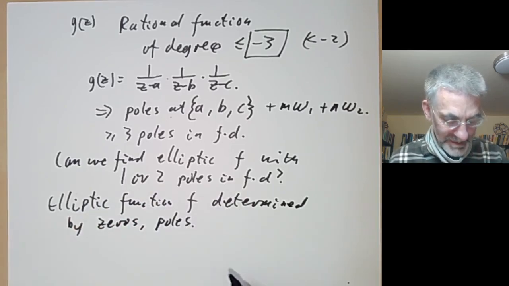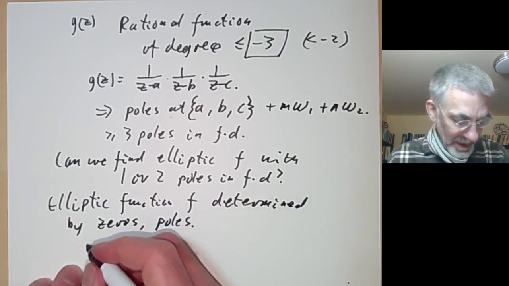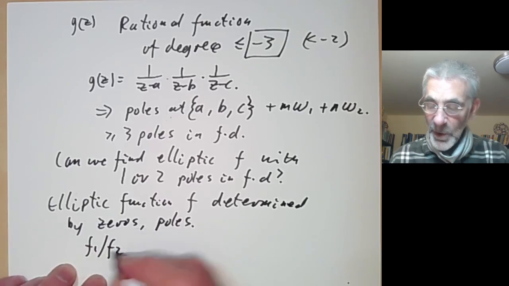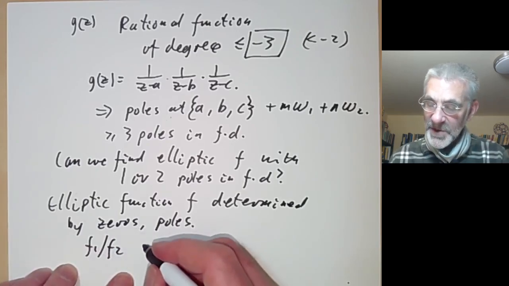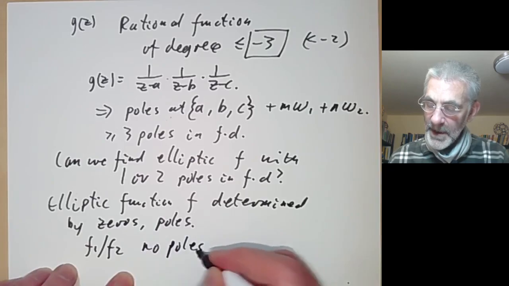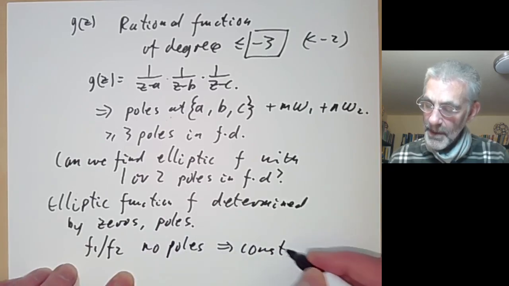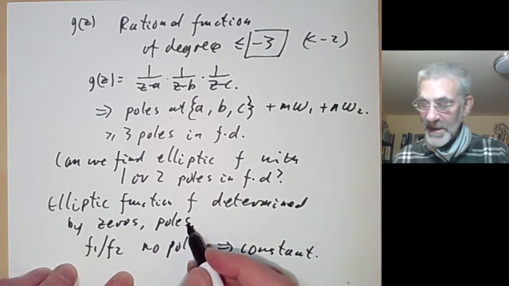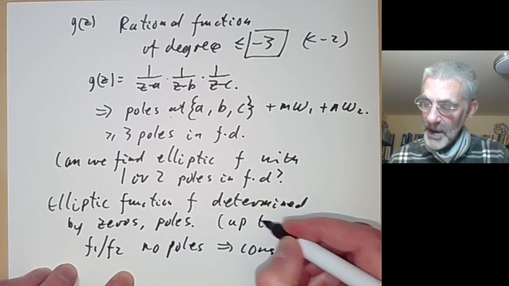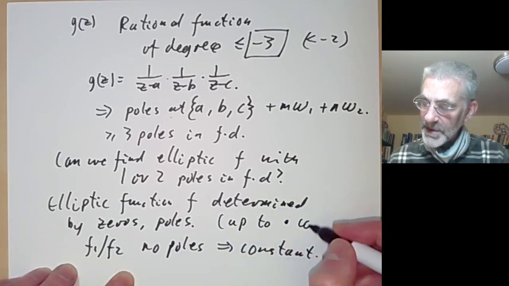And that's because if f1 and f2 are elliptic, then f1 over f2 has no poles, so it must be constant. So when I say it's determined by zeros and poles, I mean up to multiplication by some constant.